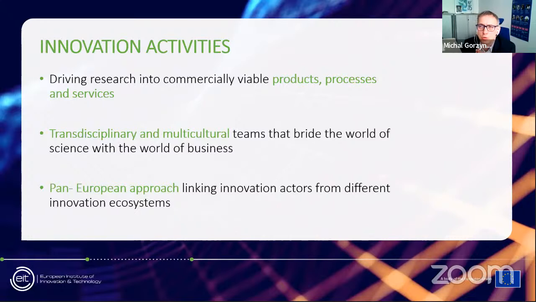There are two other important aspects that have to be taken into account when you are talking about EIT innovation activities. The first one is transdisciplinary and multicultural aspects. What that actually means is that all innovation activities have to adopt the so-called knowledge triangle integration approach when they are designing and implementing activities. What do we mean by knowledge triangle integration approach?